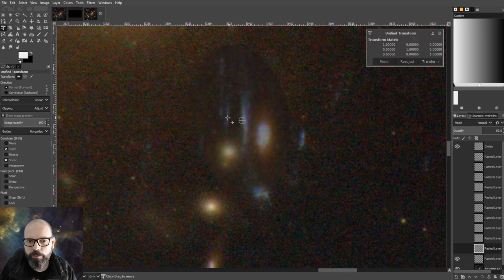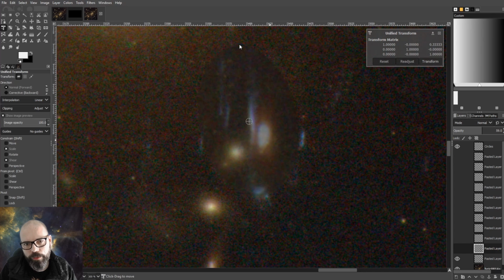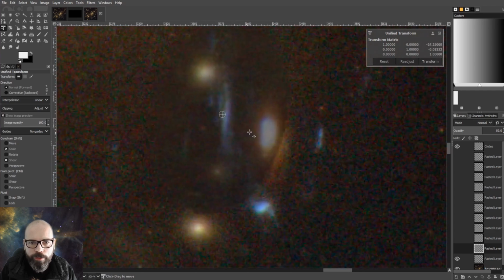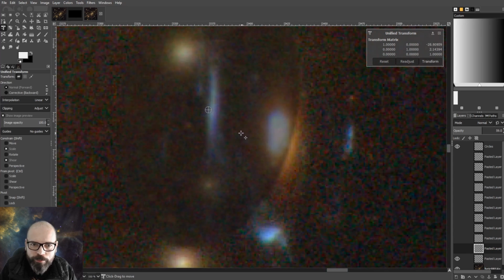So we need to flip this across the middle, which is actually flipping it across that axis, which I think is the vertical one. Yep. Oh wow, I didn't actually expect it to match up so well.